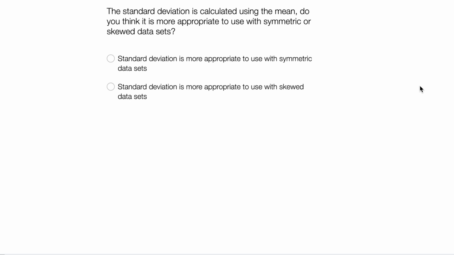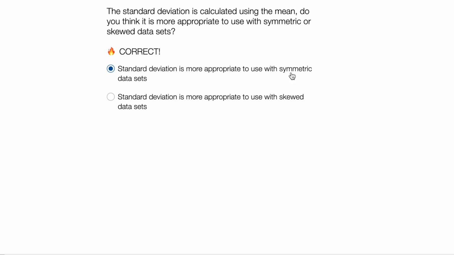Remember when we use mean. We use mean with symmetric data sets. We use median with non-symmetric or skewed. So if we use mean with symmetric and we have to use mean to calculate standard deviation, then we need to use standard deviation with symmetric data sets. It's very important.